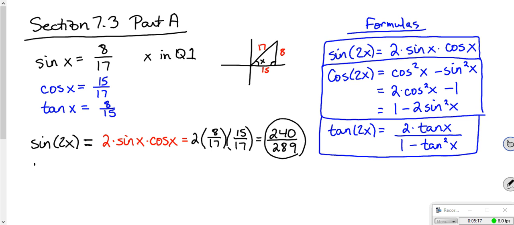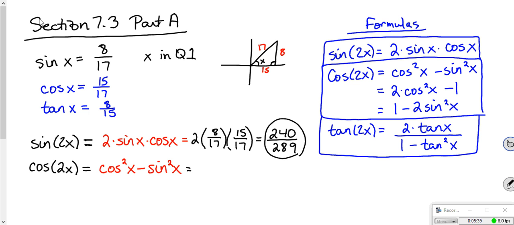Again, I'm just poking all that in a calculator. So now, cosine of 2x. You can use whatever formula you want. I just used the top one. The formula was cosine squared x minus sine squared x. You could use any of the three.